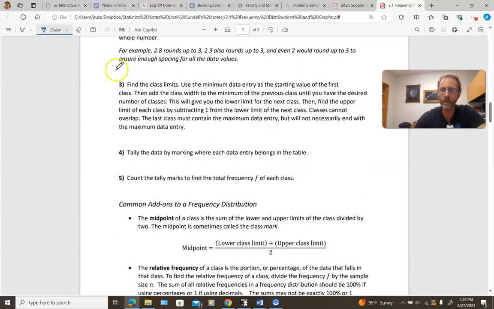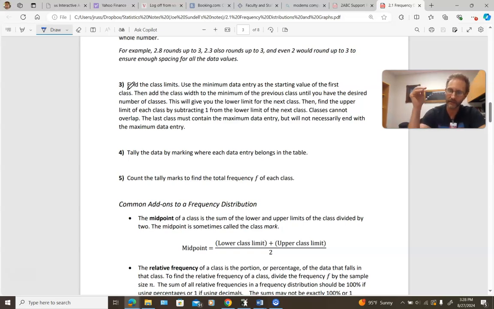And then once you know your class widths, you can start setting up your classes. The first class, the minimum data value is going to be the starting value of that first class. And then from there, you're going to add whatever that class width is to find the rest of those lower class limits.